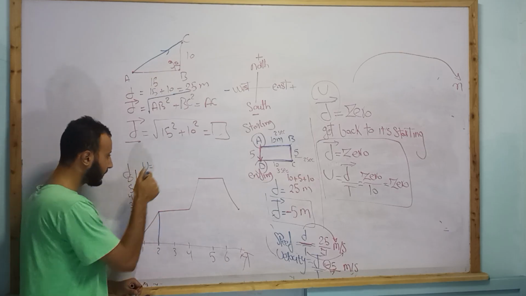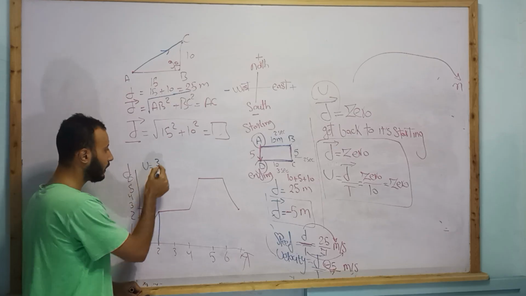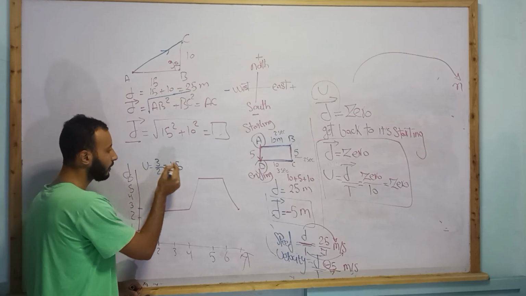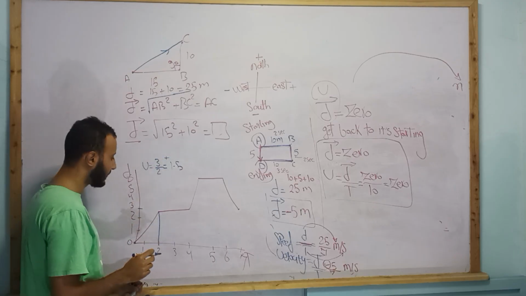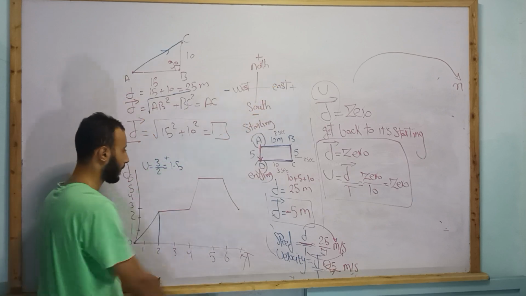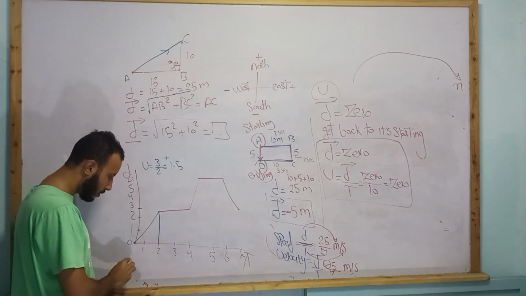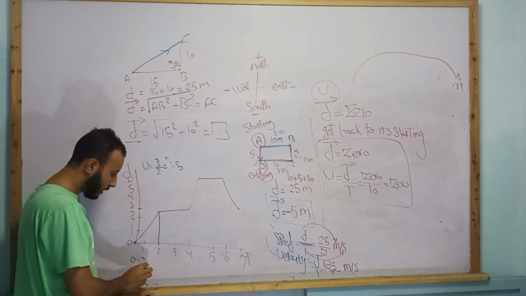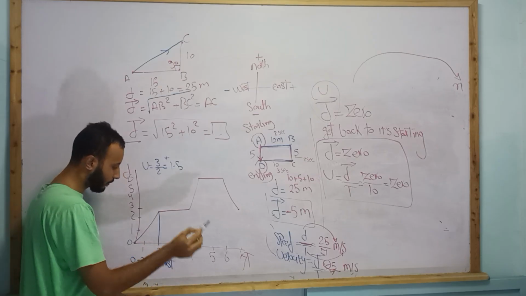Displacement from 0 to 3 is equal to 3, in time 2. 3 over 2 is 1.5. Okay? And since it's positive, that means this car is moving in the east direction. So in this period of time, from 0 to 2, the car is moving towards the east.